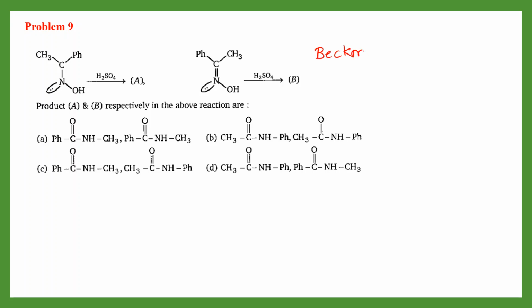So just tell me the products. Let me give you a starting hint. Since acidic media is there, it is going to protonate the oxime hydroxyl group, meaning OH. Now some migration, or we can say rearrangement, will take place. So tell me the product. Take 1 minute, and if you're not able to solve, tell me.